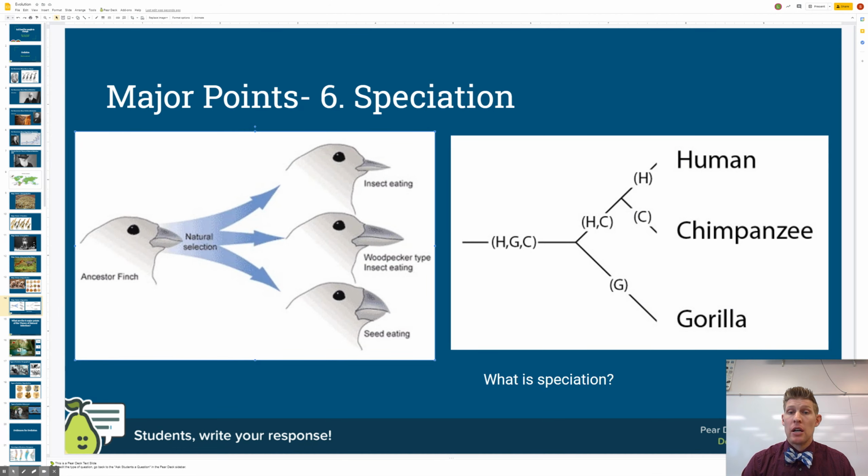So he said we have a common ancestor with them. He never said we actually come from apes. He said we have a common ancestor with apes because we are part of the apes. So speciation is where one species will be isolated from another one and it'll become a different species.